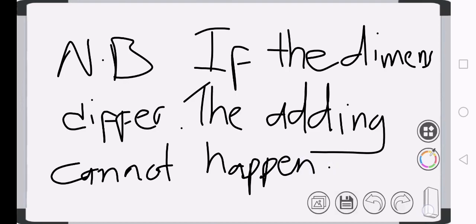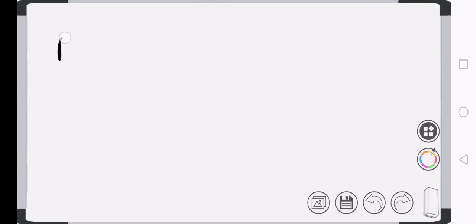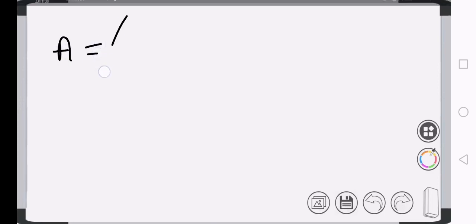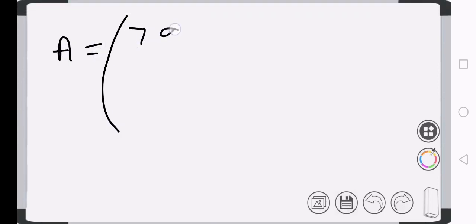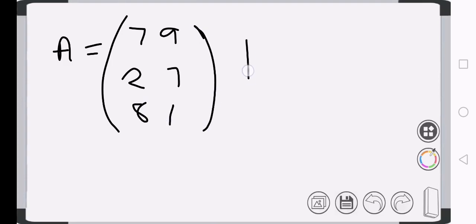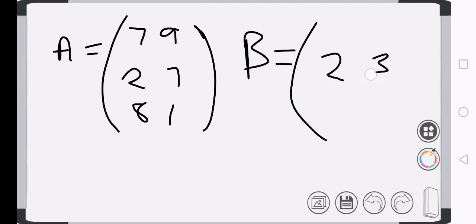Here's an example. We've got a matrix A as 7, 9, 2, 7, 8, 1, and matrix B as 2, 3, 8, 9, 0, 3.